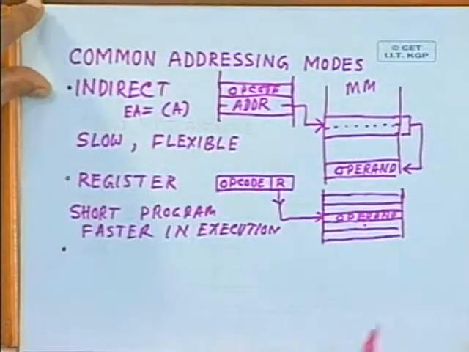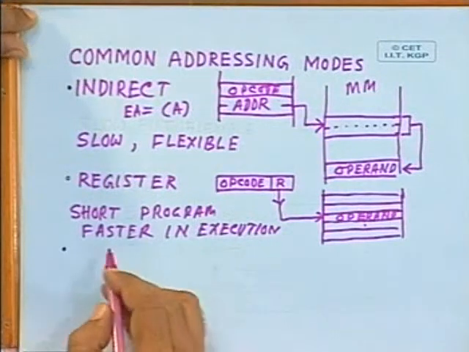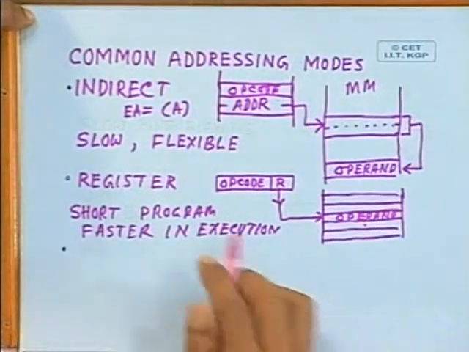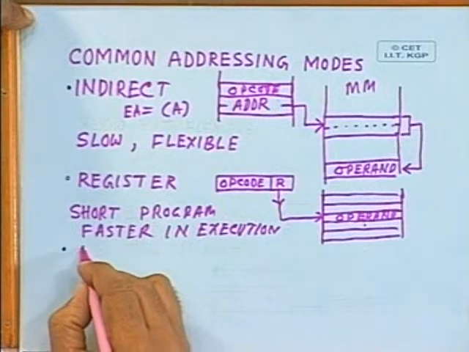So programming becomes a little complex, but it gives you dividend in terms of shorter size of program and faster execution. That's why these are widely used. One extension of this register mode of addressing is register indirect.